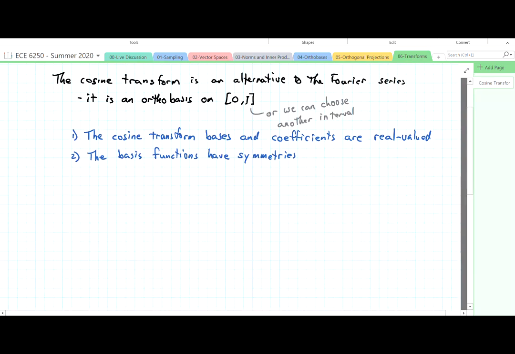But it's significant. Now, it should be noted there are actually multiple different cosine transforms that we can define. They're all called cosine transforms, but typically there's a Roman number behind them.